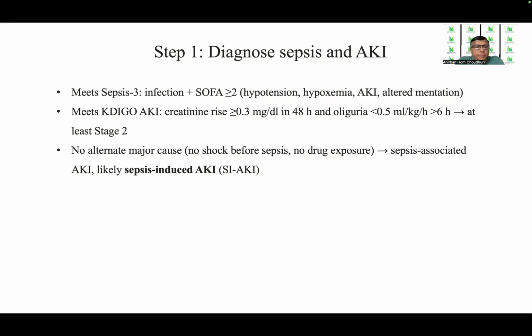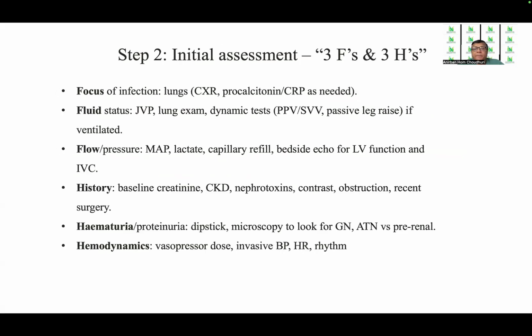So at least stage 2. There is no major alternate cause, like shock before sepsis or any drug exposure. So this patient is likely to be a patient of sepsis-associated AKI and more likely sepsis-induced AKI.